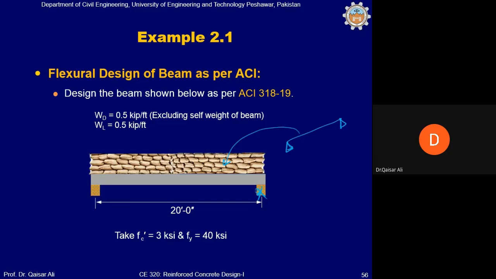If we remove this support, it will rotate like this. The same case is here. If we remove this support in the idealized beam, it will rotate like this. Since this simply supported beam can represent the behavior of the true beam closely, we can represent it by a simply supported beam. Now clear? This is idealization.